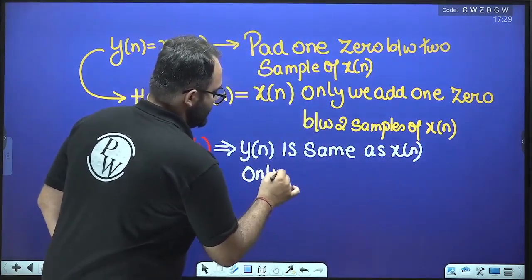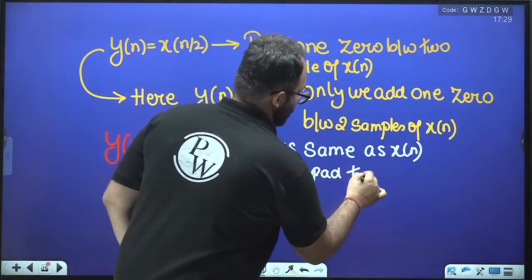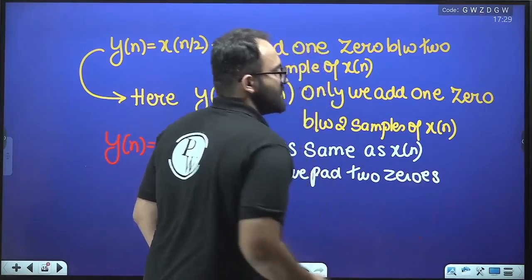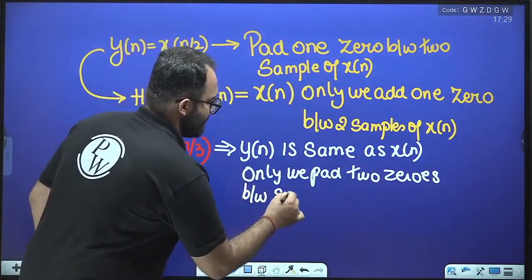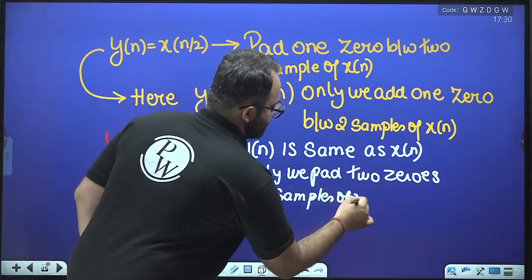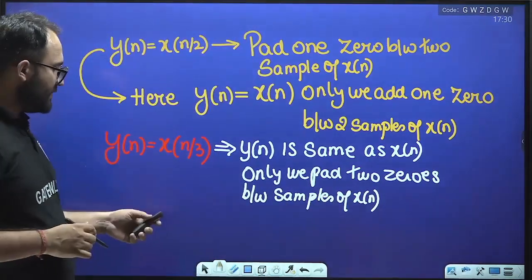Only we pad two zeros between the samples of xn. So we have one more example here for more clarity.